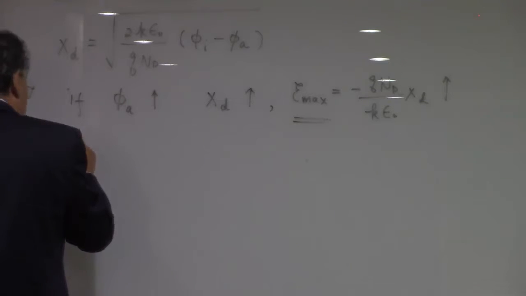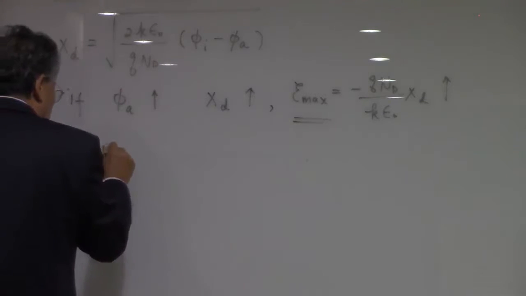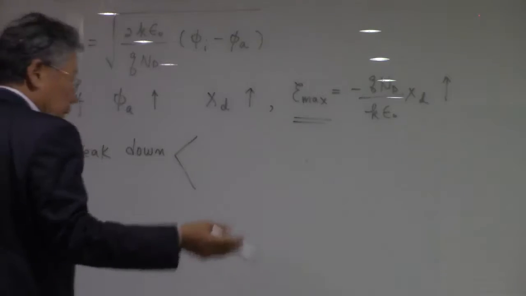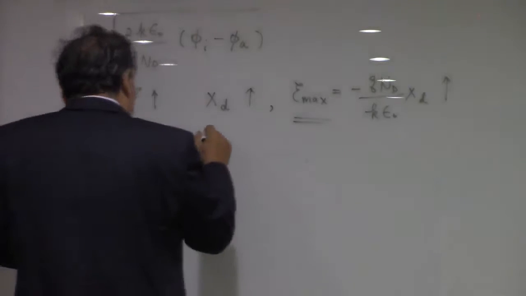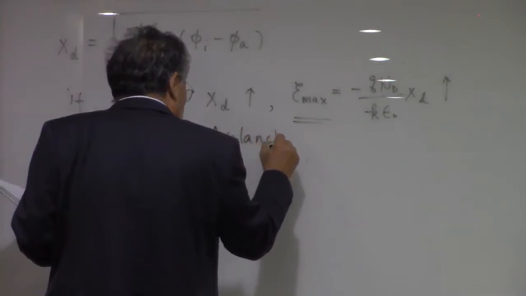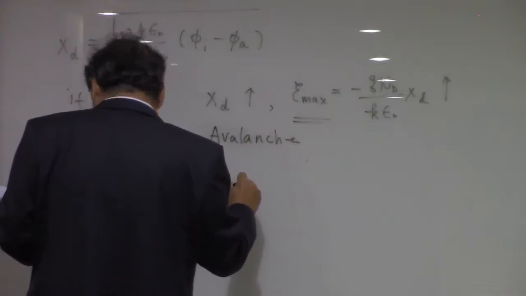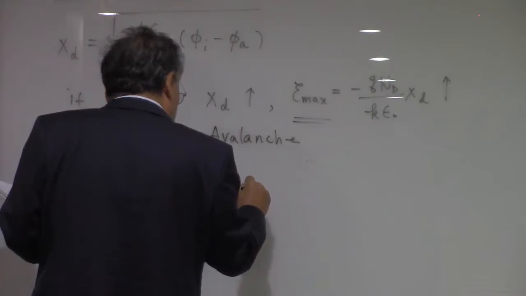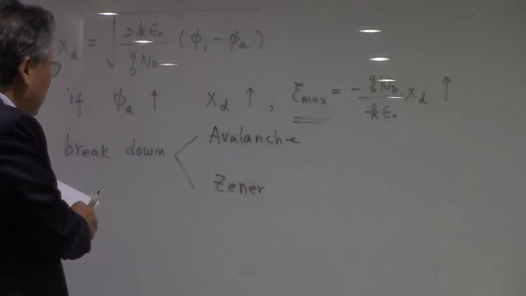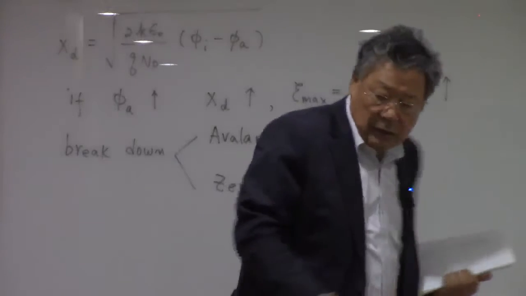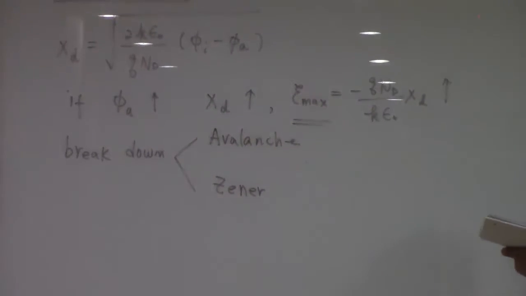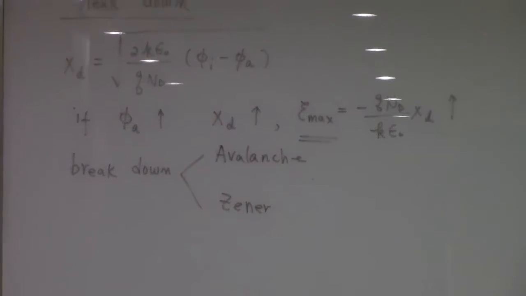Then the breakdown happens, and two phenomena are related to this breakdown phenomenon. One is the avalanche breakdown, and the Zener breakdown. Avalanche breakdown is generation of electrons and holes, like an avalanche in a mountain.